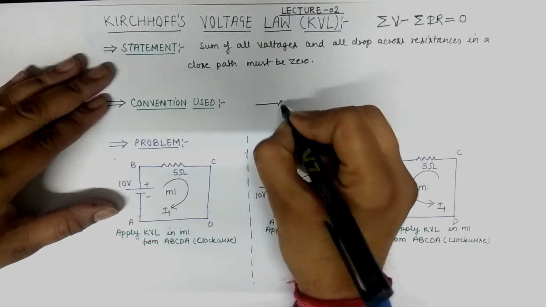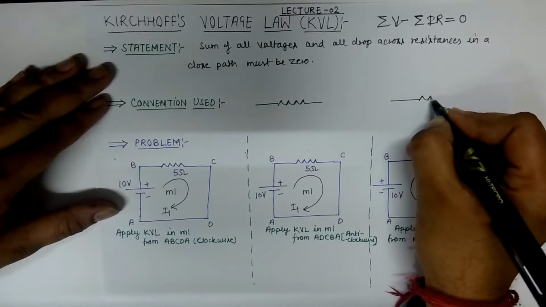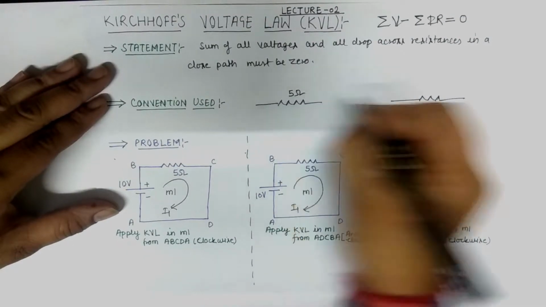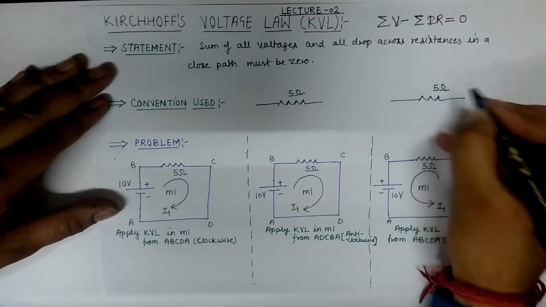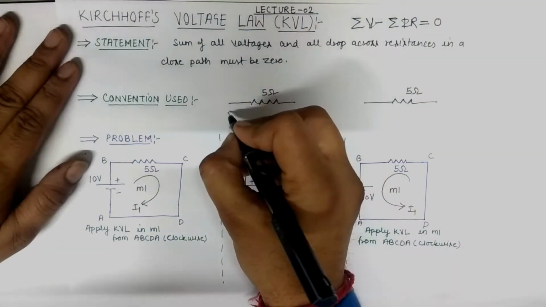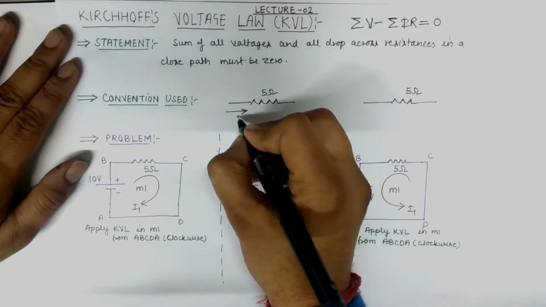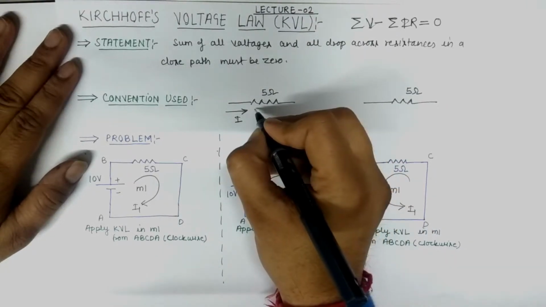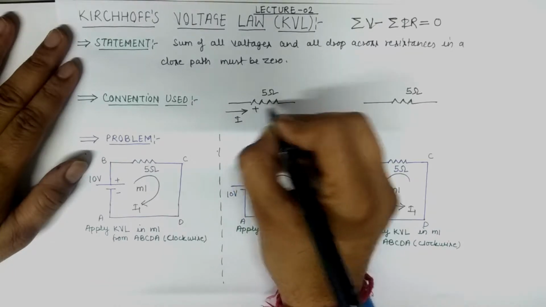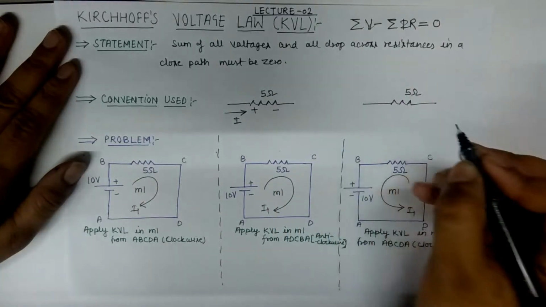Let us say there is a resistance, let us say 5 ohm. When any current is flowing in this direction from left to right, let us say this is I, we denote a plus sign at the entering terminal of this 5 ohm resistance and a minus sign at the leaving terminal.